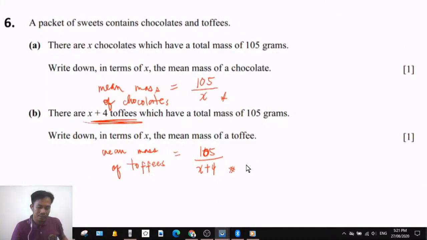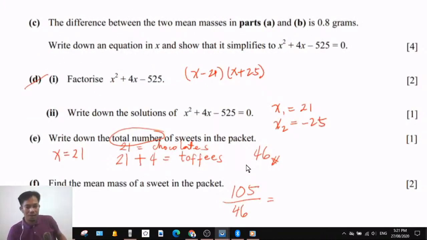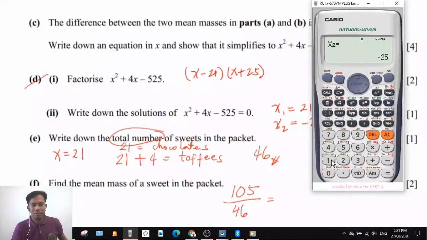You see there? 105 both. So 105 divided by 46, I'll come up with the mean mass. 105 divided by 6, it's 17.5.